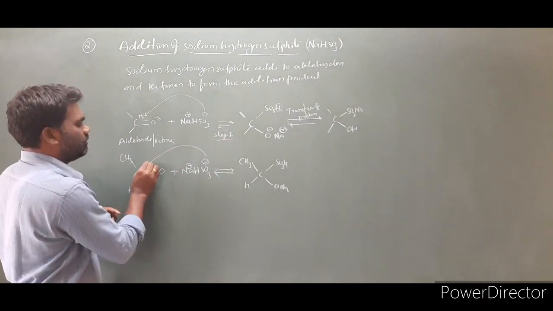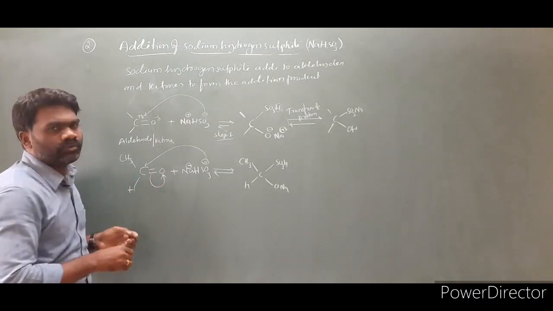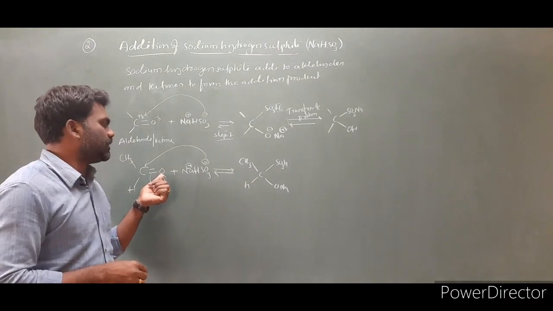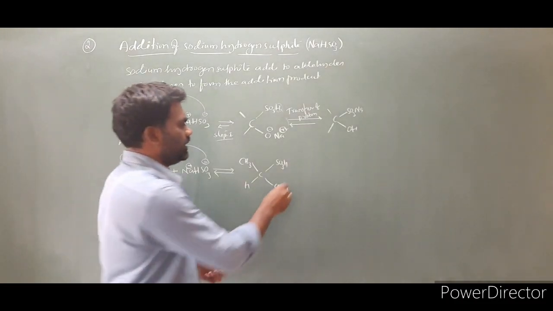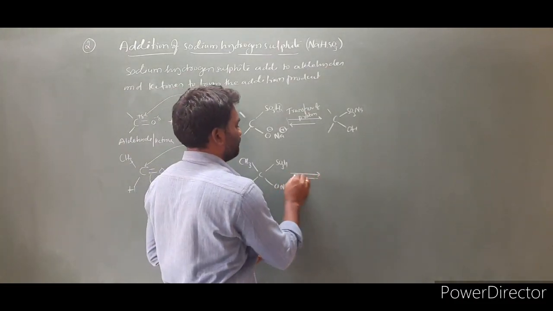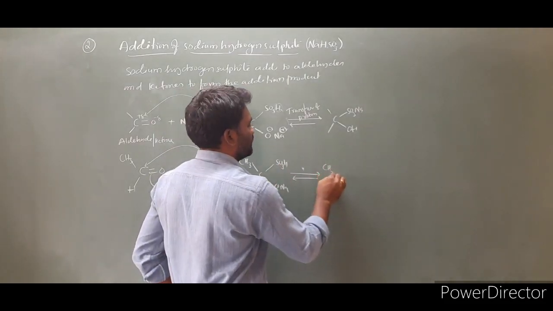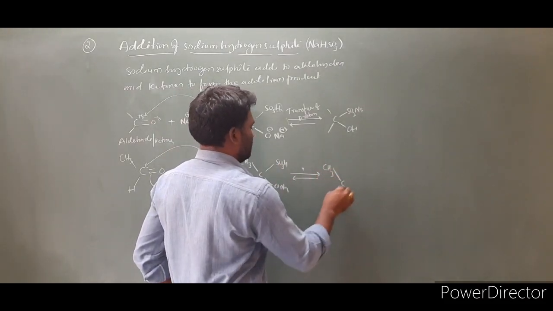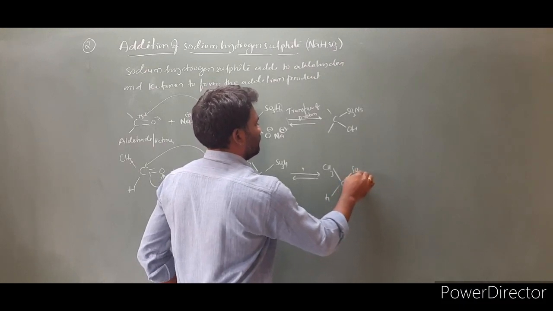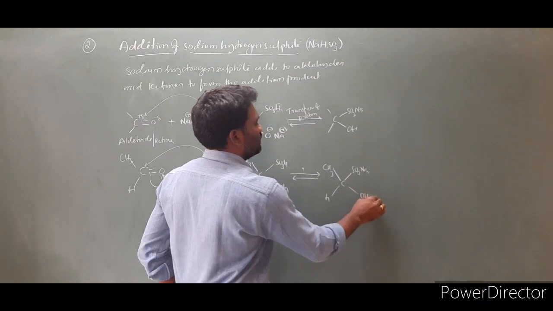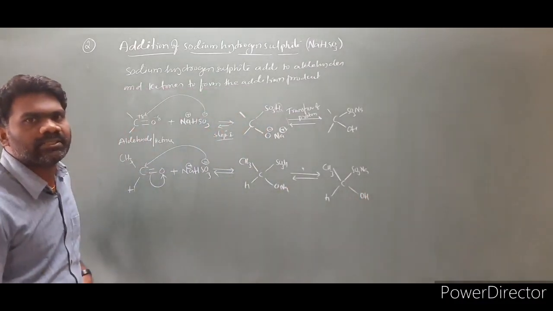HSO3 minus attacks this carbon, this bond shifts, this group attaches here, and we get this product. Then there is a transfer of proton. The product is CH3CH(SO3Na)OH. So this is the product formed in this reaction.